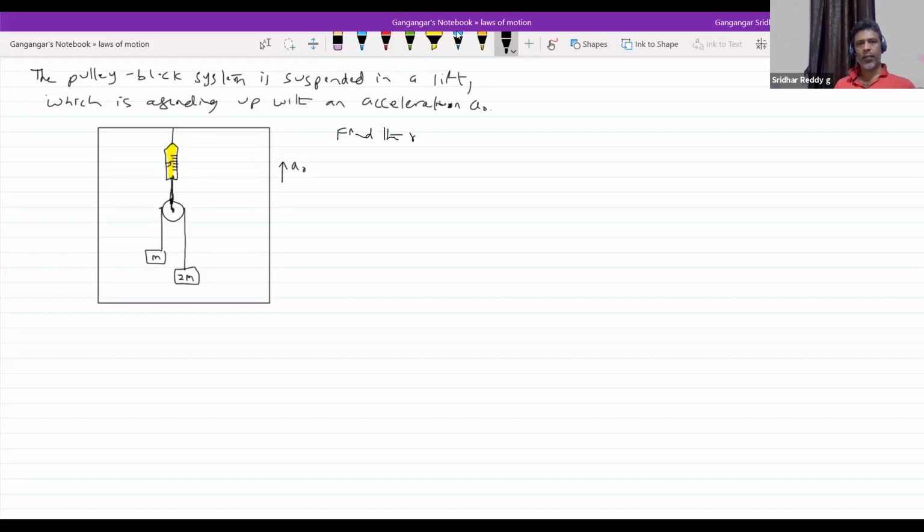Find the reading of spring balance. Okay, fine. So work out now. So some pseudo force also I brought in.